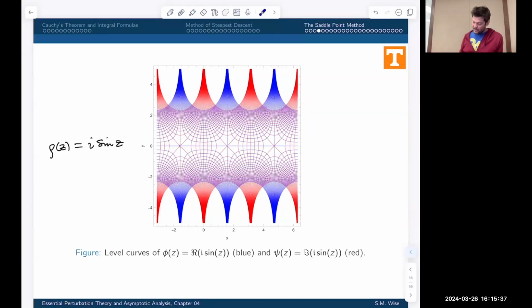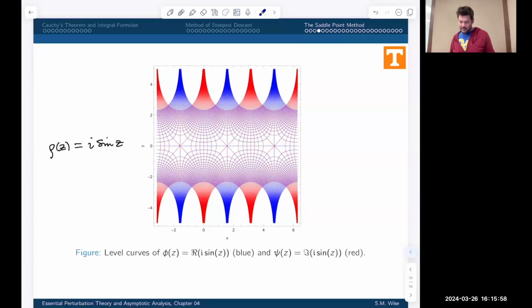The blue contours are the level curves of phi, the real part of rho. And the red curves are the level curves of psi, the imaginary part of rho.